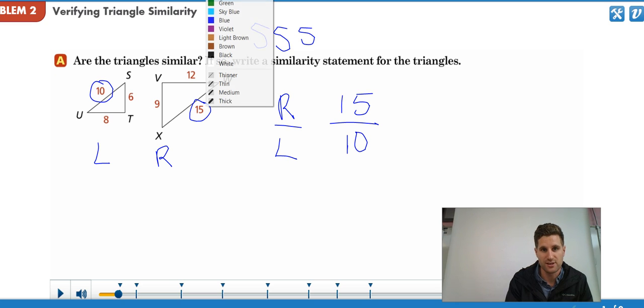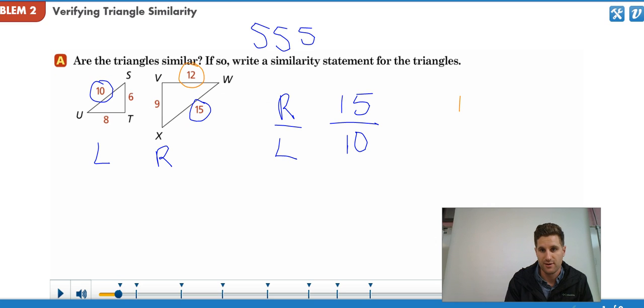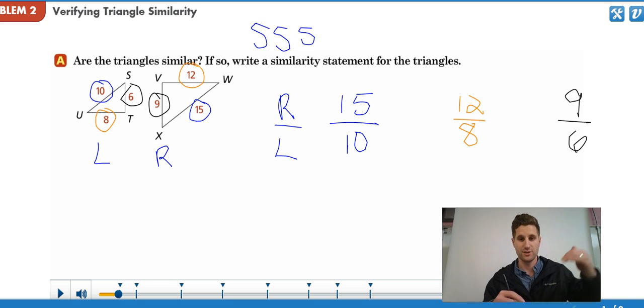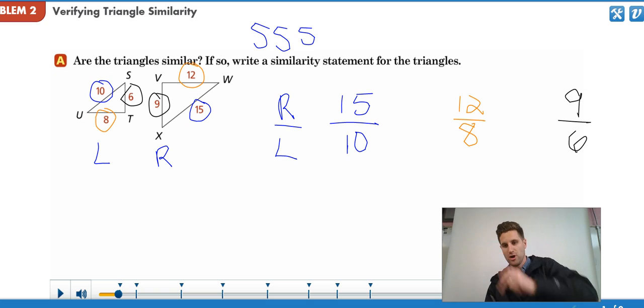And then let's do 12 compared to its second largest side, 8. And then let's do 9 compared to 6. So I kept it consistent. I took the right side triangle compared to the left side, and I went from biggest to biggest, medium to medium, and small to small.